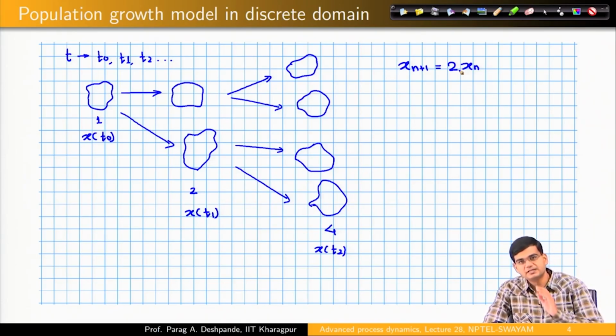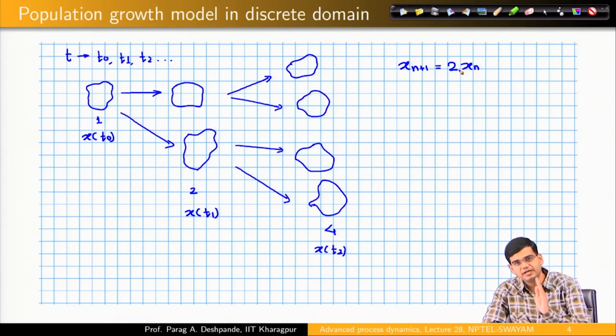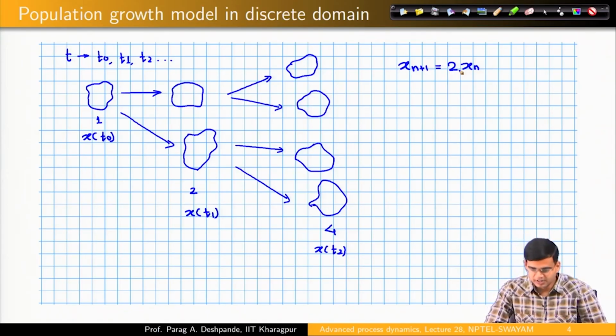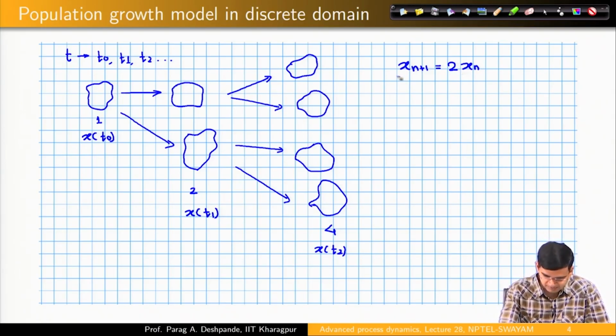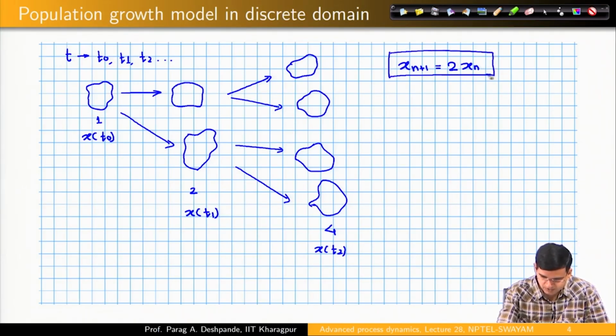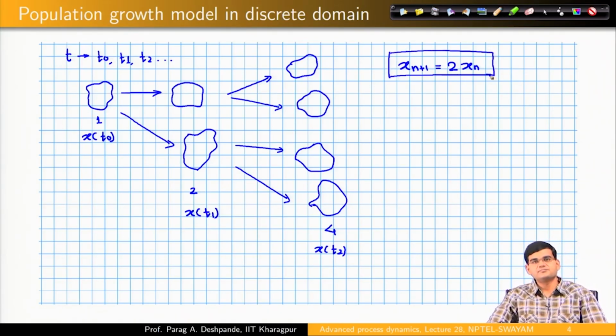And since the time is discretized and you are making observations at those discrete times only, your population also has been discretized. So, now what you see is that your model equation or your dynamical equation would be x n plus 1 is equal to 2 x n.